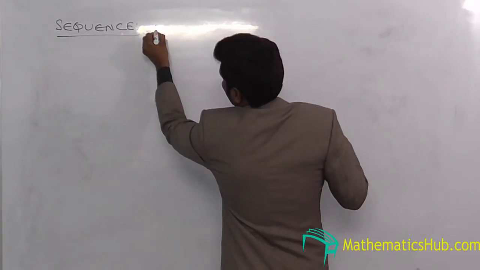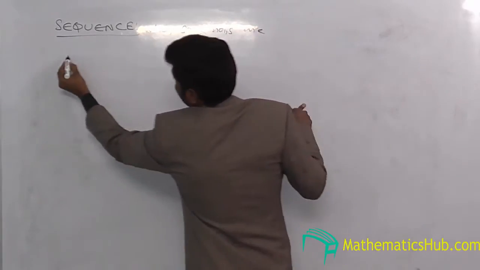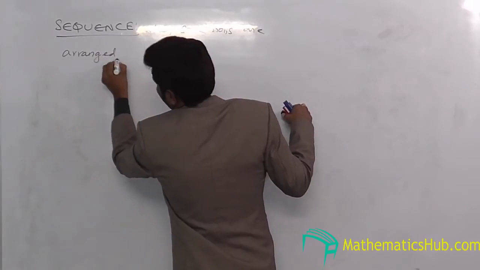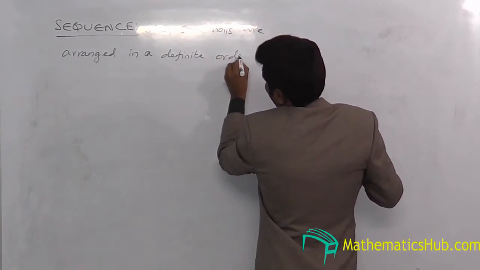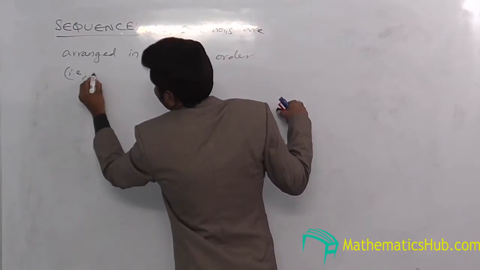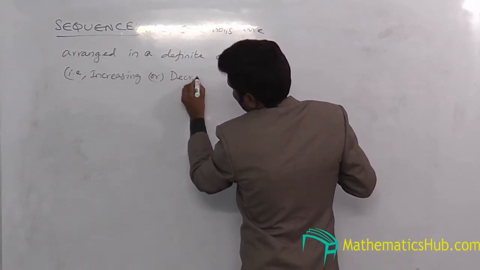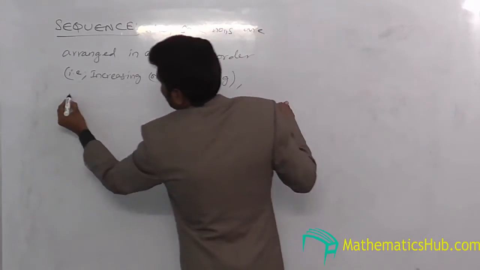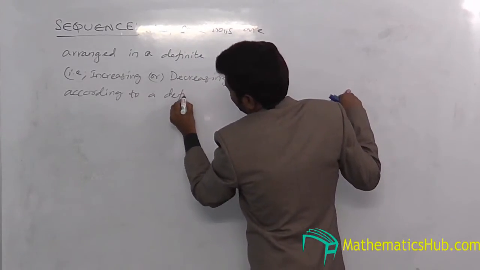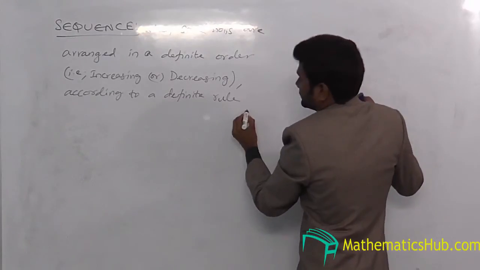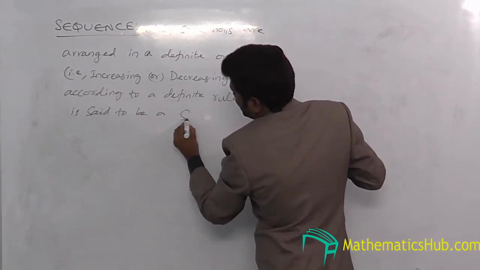Sequence: when some numbers are arranged in a definite order, that is increasing or decreasing according to a definite rule, it is said to be a sequence.